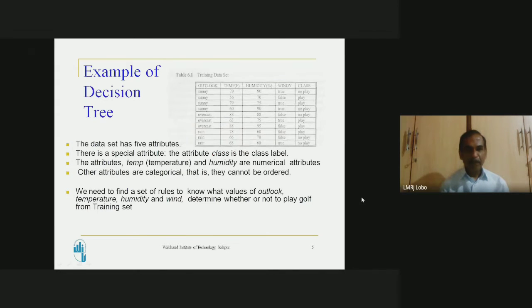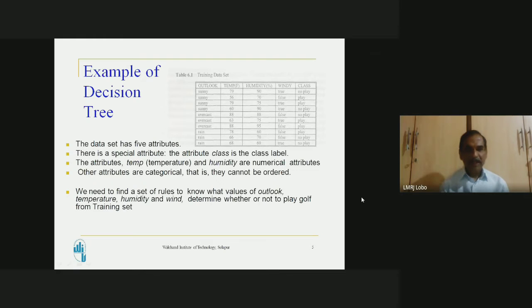Here is an example of a decision tree where we take a training data set, and this data set has 5 attributes. The attribute class is the class label, and the attributes temperature and humidity are numerical attributes. The other attributes are categorical, that is, they cannot be ordered.